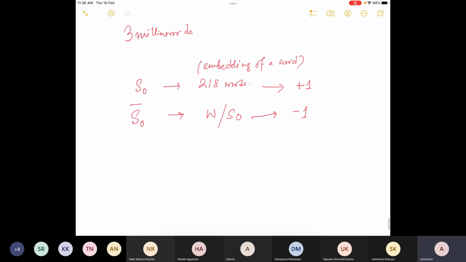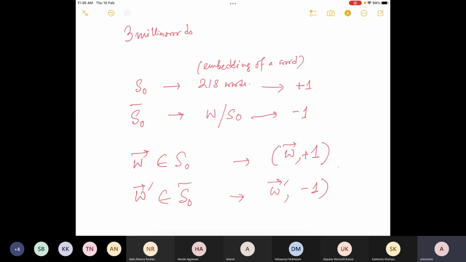Okay, so each of them is an embedding. So basically, let's say you have W belonging to S0, then the feature is W and the label is plus 1. And let's say you have a W prime belonging to S complement. This means W prime is the feature and minus 1 is its label.